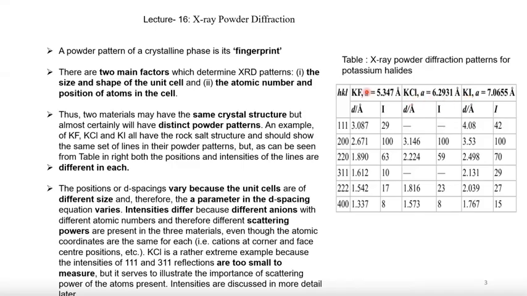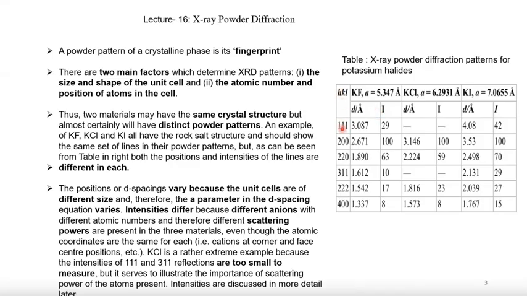The cell parameter of potassium fluoride is 5.347 angstrom, whereas potassium chloride is 6.2931 angstrom, and potassium iodide is 7.0655 angstrom. You can see that all three have the rock salt structure, but the unit cells are different. Thereby, the powder pattern positions and also the intensities are different. One can see it here very clearly.